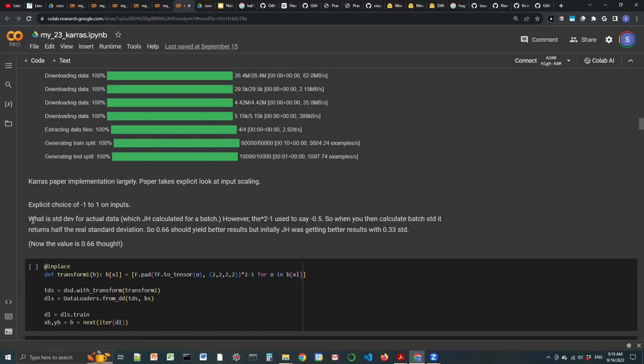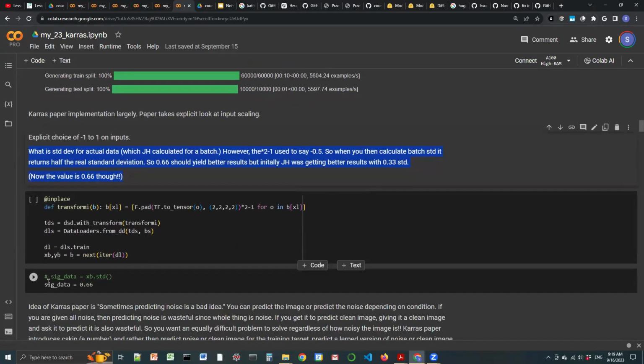If you're attending a live course where Jimmy is also conducting research, you get exposed to some of these. When he refers to it in the lecture, he says that he calculates the standard deviation for a batch of data, but he did that with a -0.5 here.